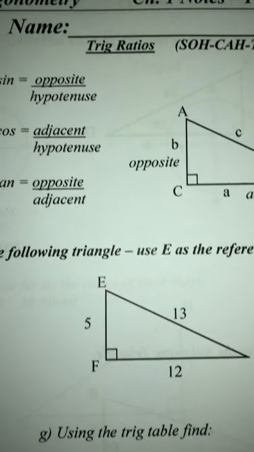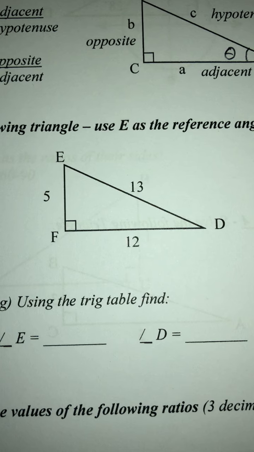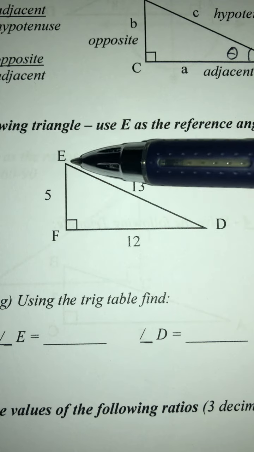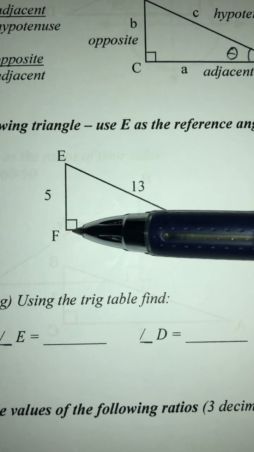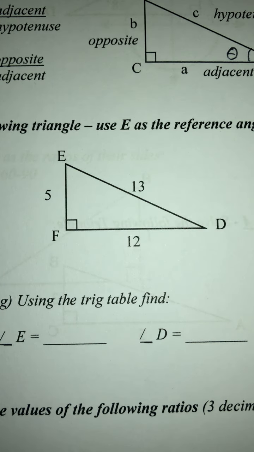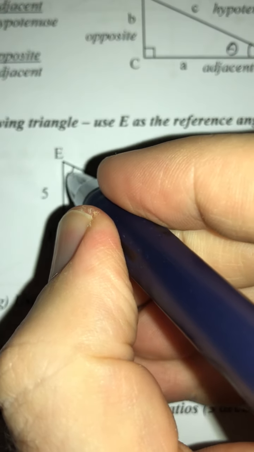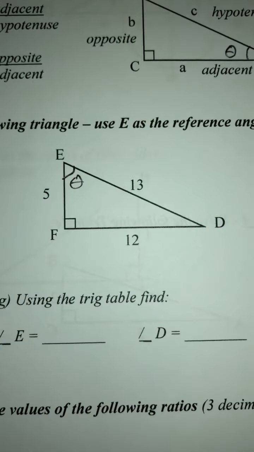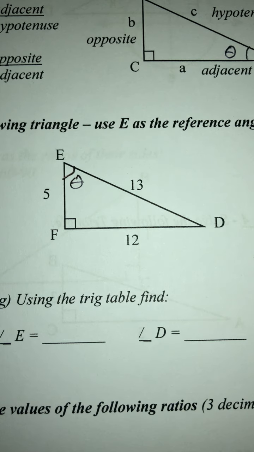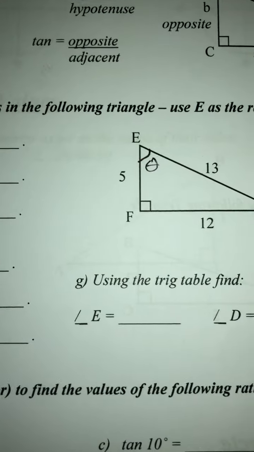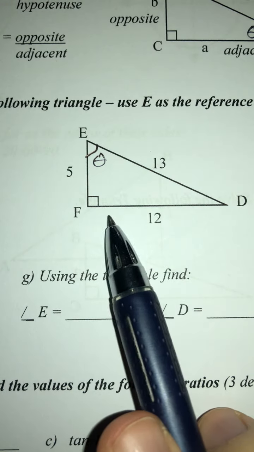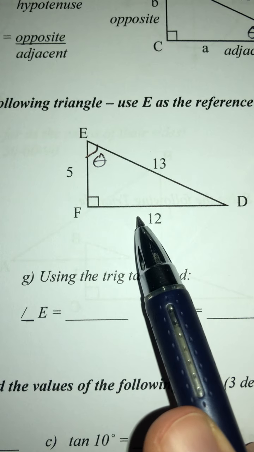So if we look at this triangle here, so triangle EFD or DEF, doesn't really matter. If we're looking at side DF, if we're using E as my reference angle, so we're going to say this is theta or E, we're asked here, side DF is called what? So this side here, this is on the opposite side of the triangle.